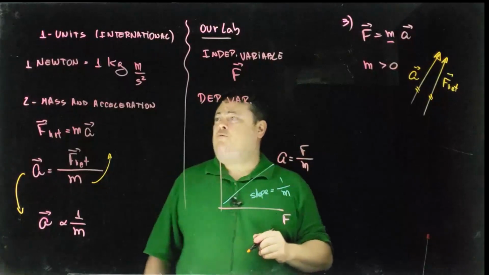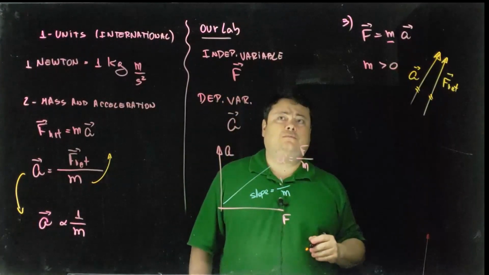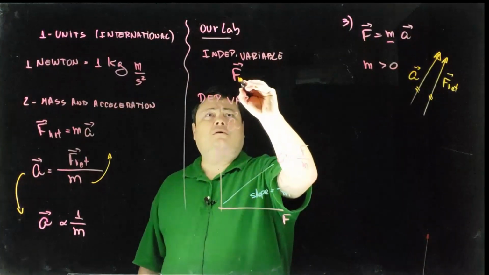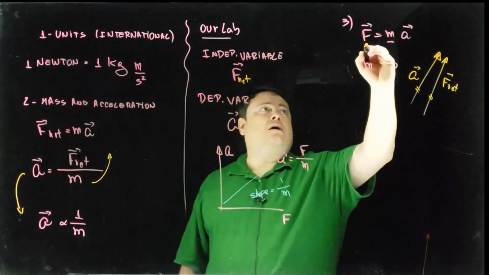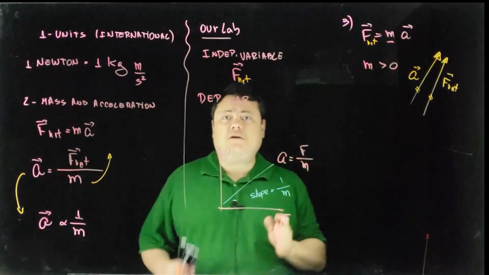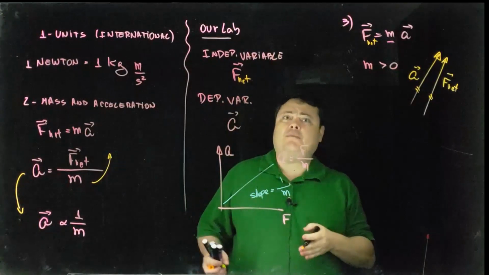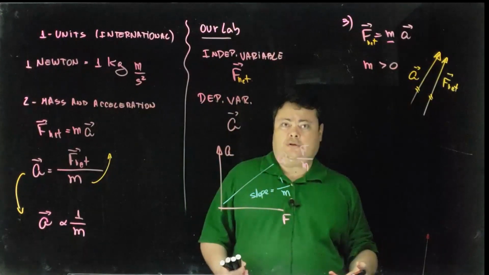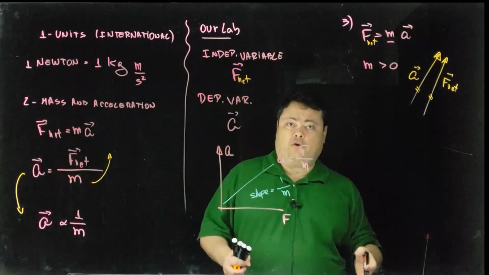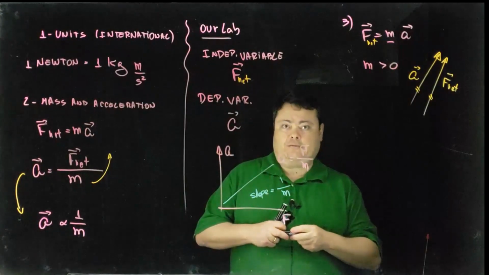And I'm going to tell you that I've been a little bit sloppy in one thing here. I should have written net force here and net force here. Please never write F equals ma. That is confusing for students. Always write net force equals mass times acceleration.